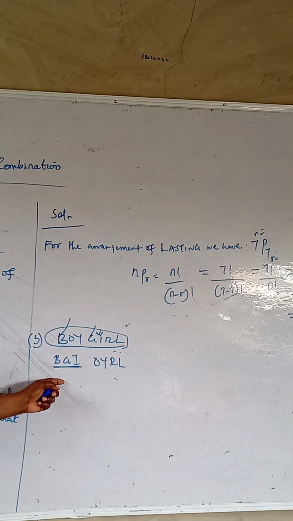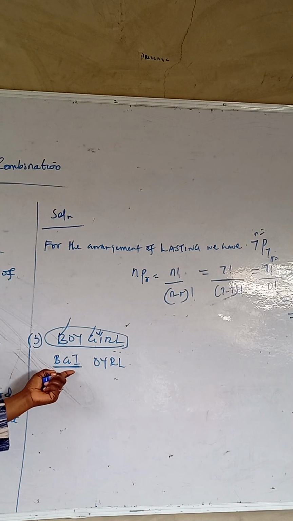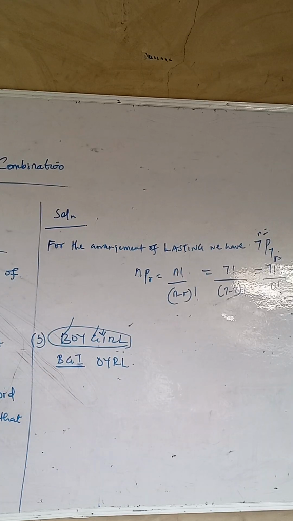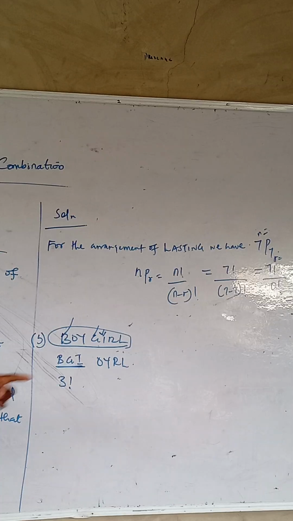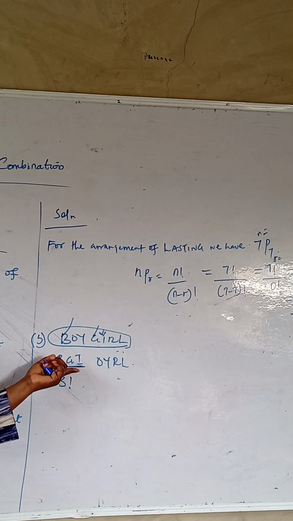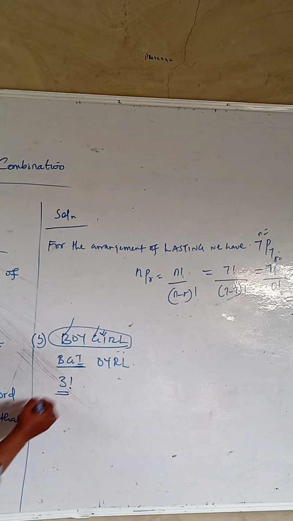So how do you simplify this? Number one, you first of all take the first 3 letters, BGI, that must be together. You first of all take them into consideration. When you take them into consideration, how many letters do you have there? 3. That will give us 3 factorial.